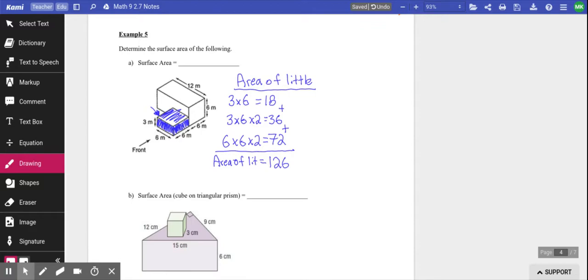Now we're going to try to do the area of the big guy. To do the area of the big one, I'm going to do the sides first. This one right here is going to be 6 times 6 times 2 because there's another one on the back side, for a total of 72. 6 times 6 gives me the one face.